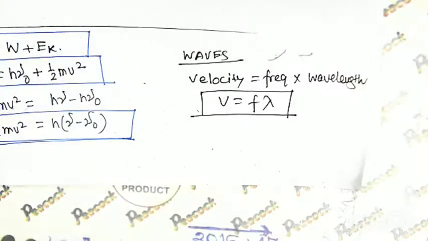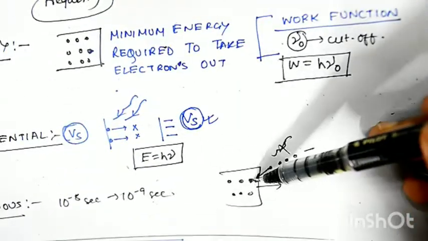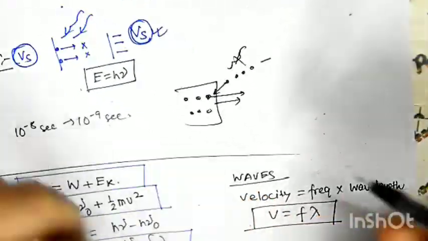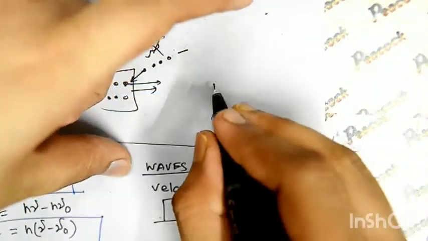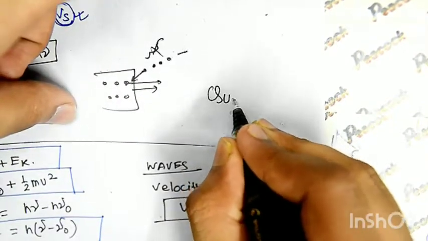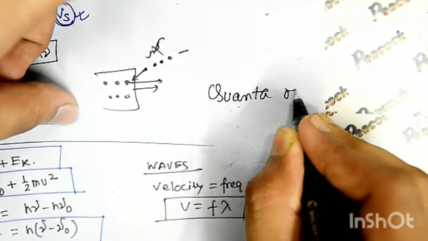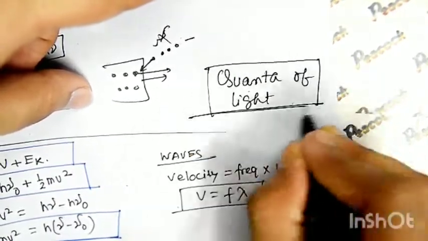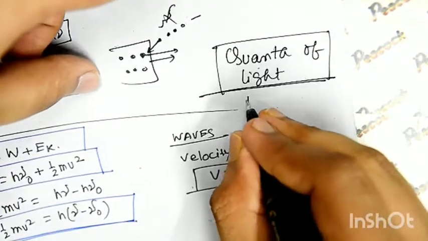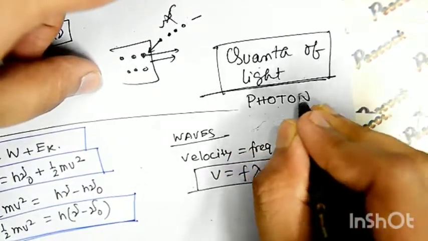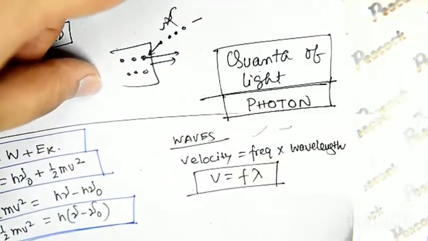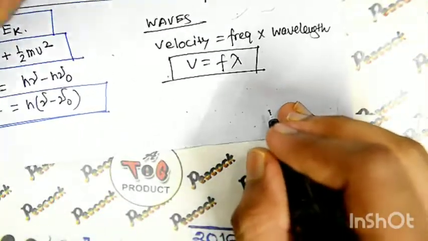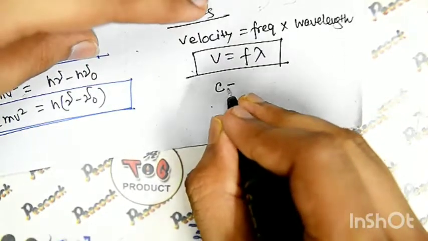In the photoelectric effect, we are checking this quanta. Quanta of what? We are focusing on quanta of light, meaning small particles that carry the light energy. They have a beautiful name, which is photon. Now these photon particles travel with the velocity of light, so v equals c.